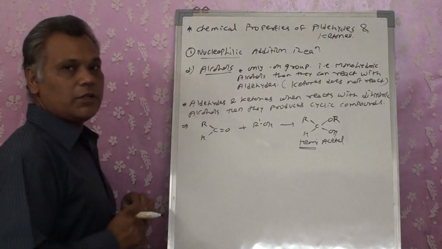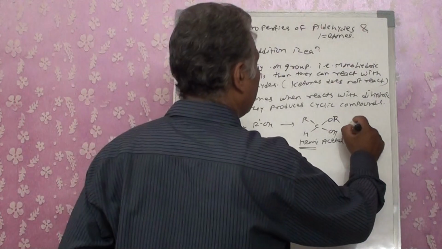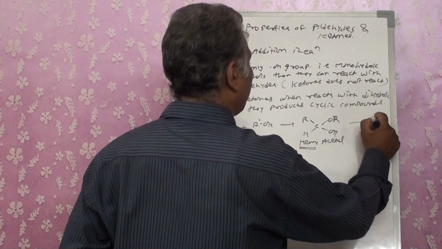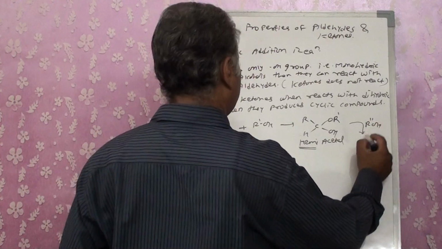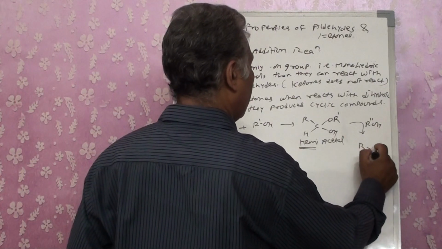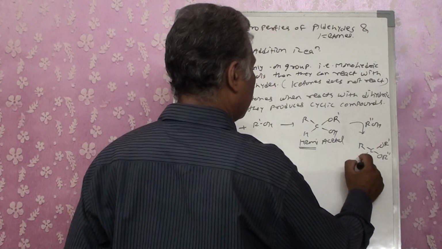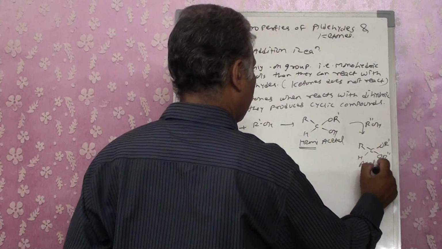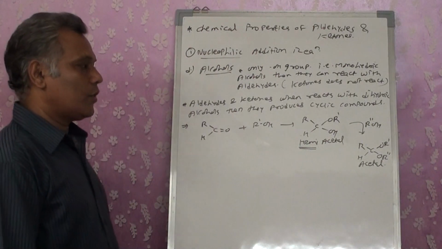Hemi means partial, so it's half converted into acetal. When this compound further reacts with the second alcohol, OR', we get the acetal product.